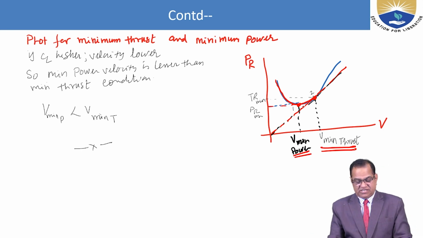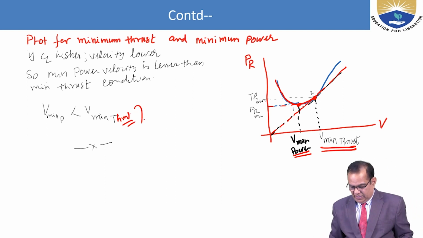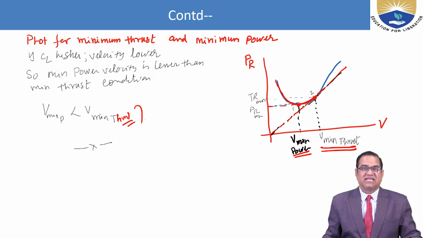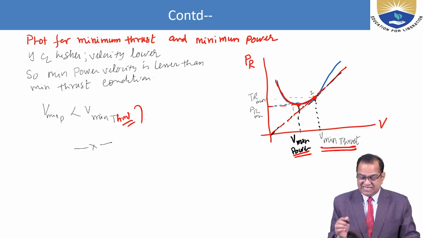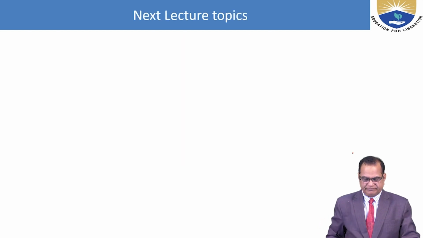So this is the difference, and V minimum power is less than V minimum thrust. We have to be very clear that V minimum power is less than the V minimum thrust, because the CL at the minimum power is more than the CL of minimum thrust.